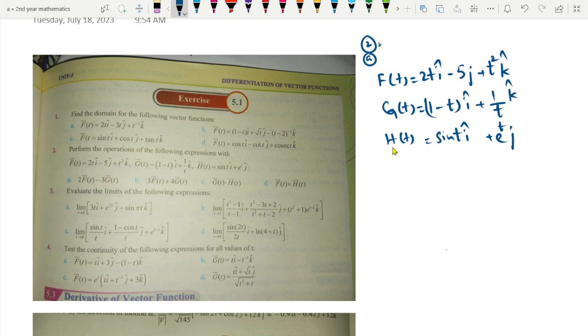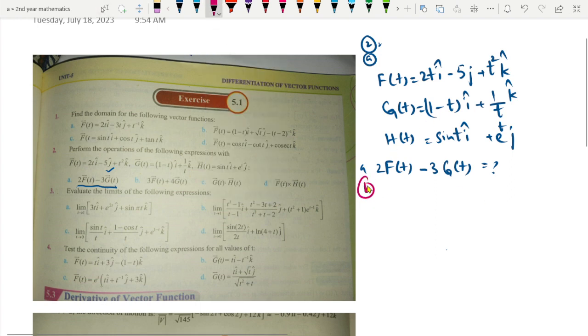Now he is asking about 2f of t minus 3g of t. We have to find this one, part A. Now how we can find this one?